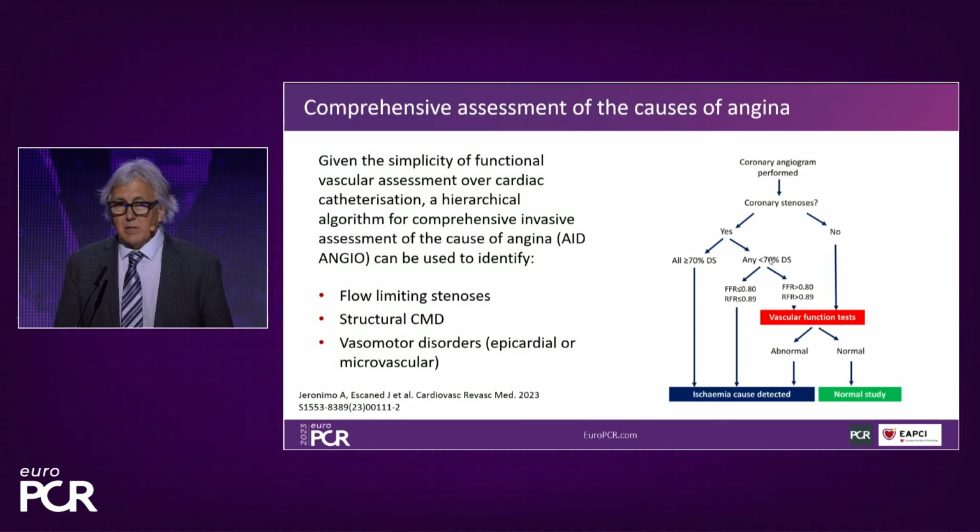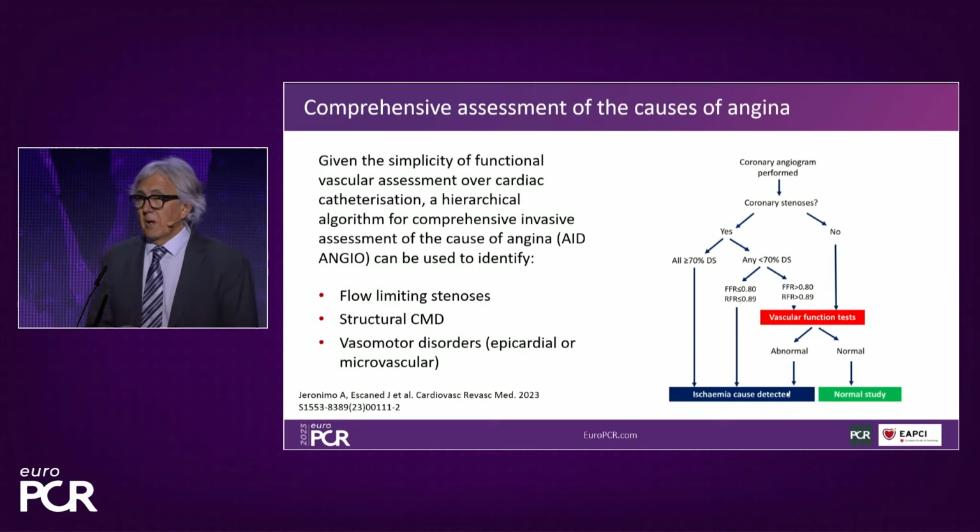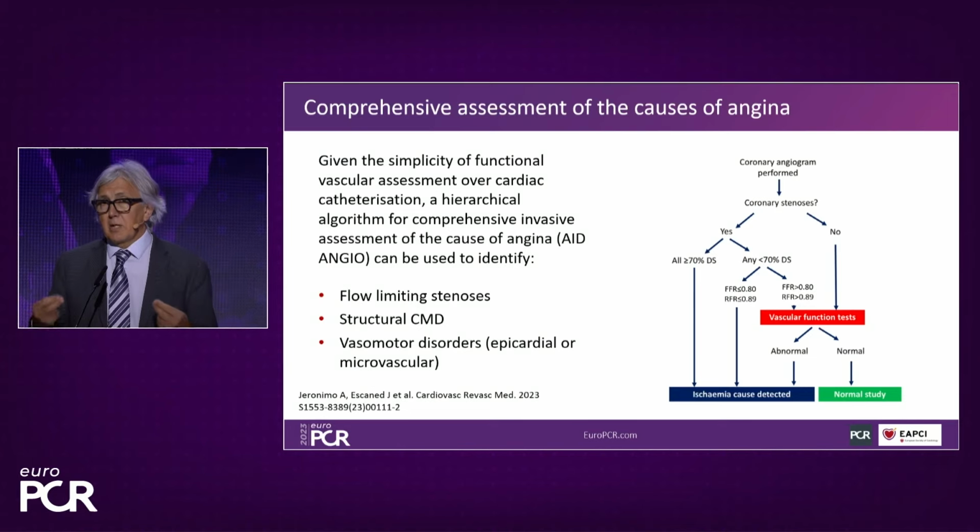If you have intermediate stenosis, it interrogates whether these are flow limiting or not. And if they are not flow limiting, like in the case of coronary arteries without stenosis at all, it goes for vascular functional tests that will inform on whether there is a problem in the coronary microcirculation or in the coronary vessels, either of vasomotor or structural origin.